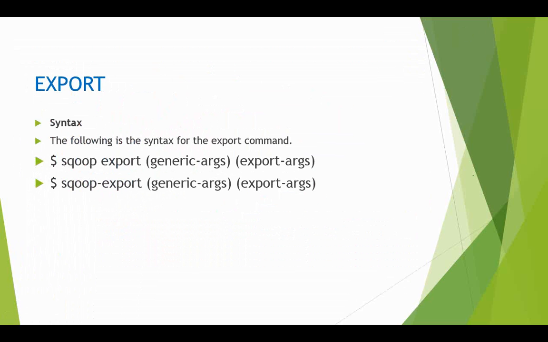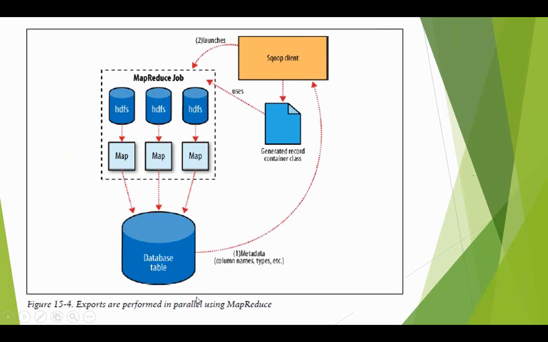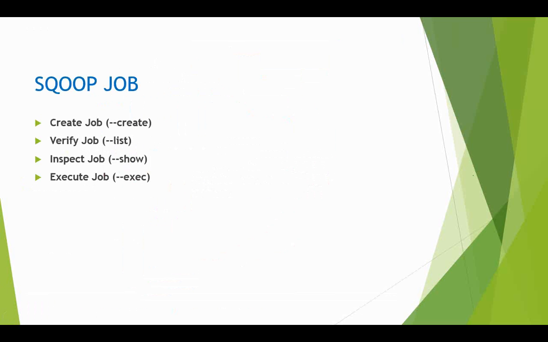Similar to the import, the syntax is also the same, only instead of import, now I have to use the export keyword. So see the syntax: sqoop export, and then there will be a number of arguments. The working is represented here. Earlier in the case of import, the database was on the top and this was on the below part. Now it's just reverse.